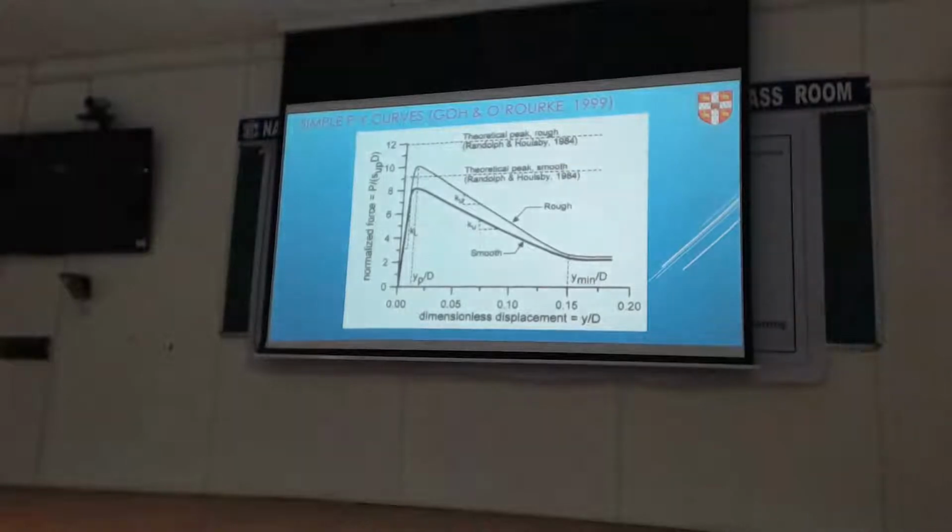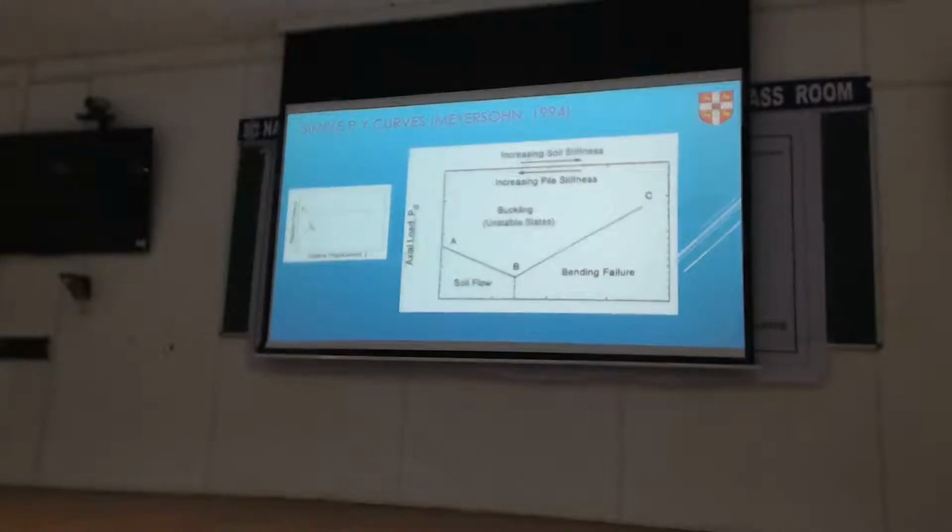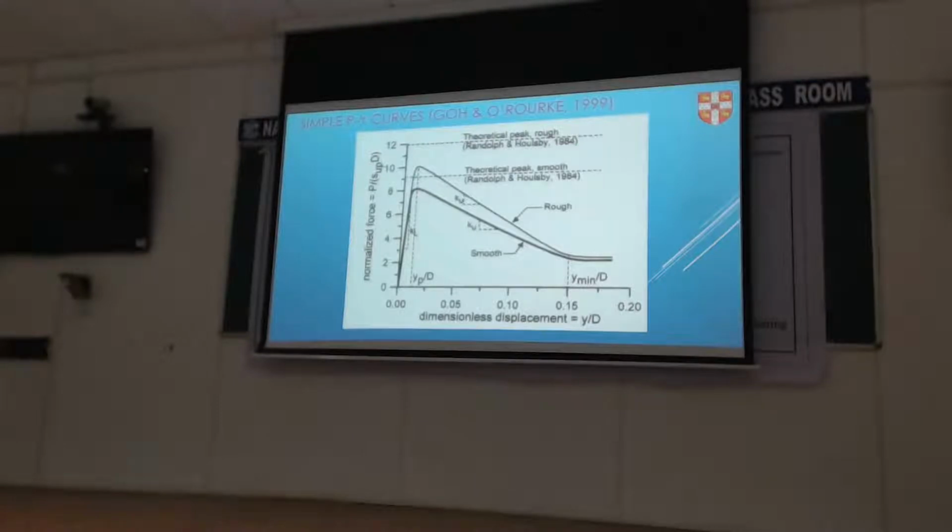Then there's this guy, I've forgotten his first name, Go. He's the professor at NUS now, and Tom O'Rourke. They came up with this concept of having not such a simple, go up, stay constant PY curve, but something slightly more sophisticated. Let's spend a little time looking at this.